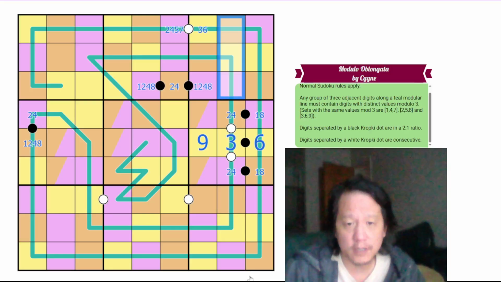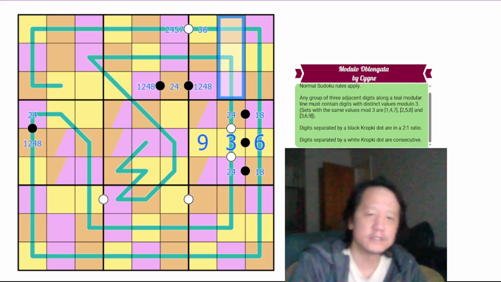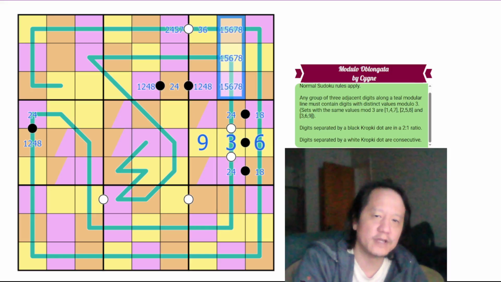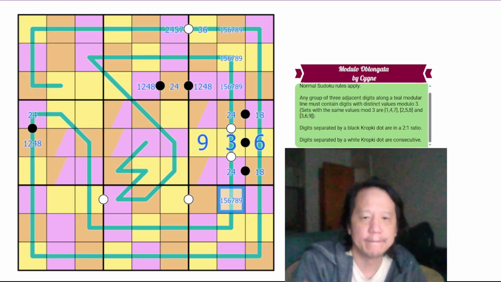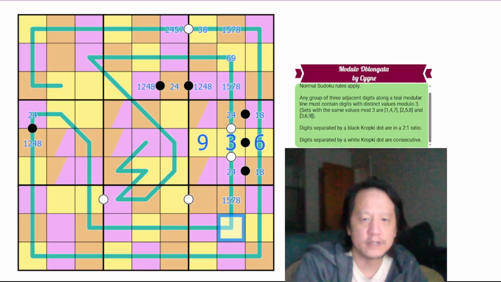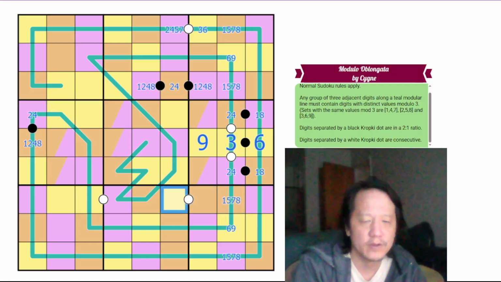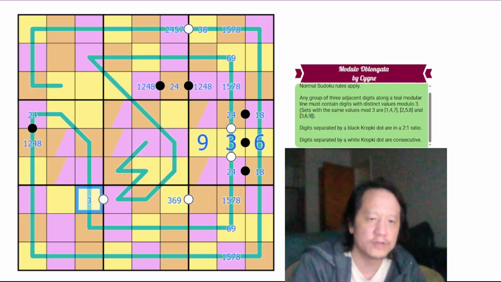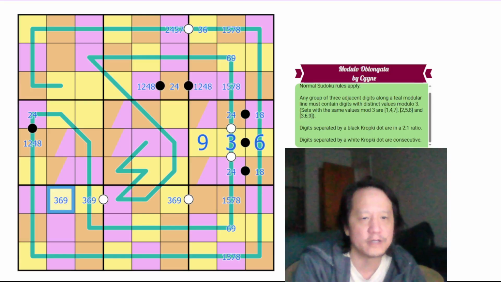Remaining digits in column 8 are 1, 5, 6, 7, 8, 9. Obviously 6 and 9 cannot be in the non-yellows. So in the yellows are 6 and 9. And in the other ones are 1, 5, 7, 8. This is 3, 6, or 9 here, 3, 6, or 9 here, 3, 6, or 9 there.